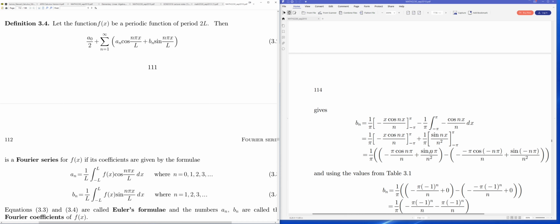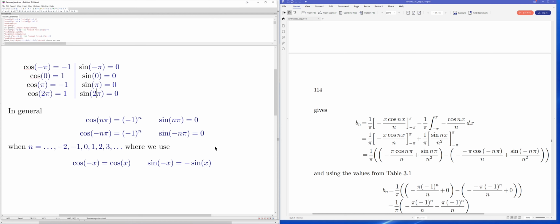Okay, so as we saw before, the sine of n pi and sine of minus n pi are just going to drop off for me. What I'm left with is the cosine of n pi, and the cosine of n pi is minus 1 to the n. The cosine of minus n pi is minus 1 to the n.